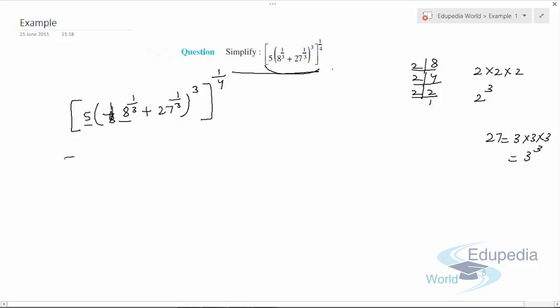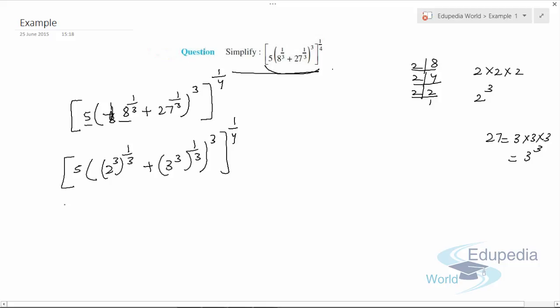So this can be written as 5 into 2 raised to power 3 raised to power 1 by 3 plus 3 raised to power 3 into 1 by 3, bracket close power 3 and again bracket close power 1 by 4.